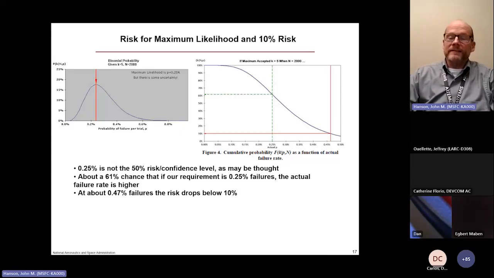So what this says is that if I accepted 5 failures in 2,000 samples, and from that I conclude that the actual failure rate is 0.47, there's only a 10% chance that it's worse than that. So my risk, what's called consumer risk, is 10%. And my confidence that I've captured it, that it's at that value or better, is 90 percent.